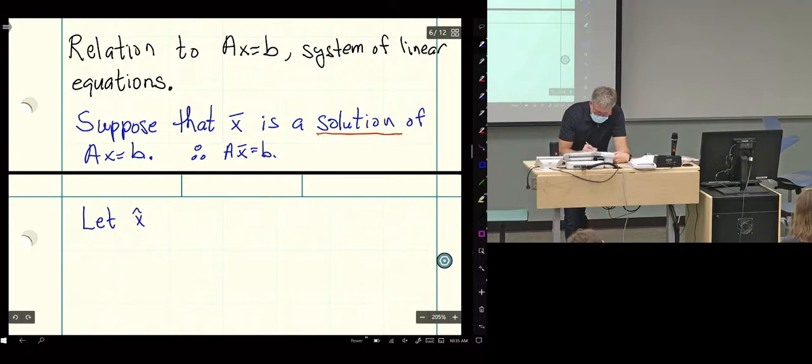Now, let's suppose, and I'll call it X tilde, suppose it's in the null space of A.